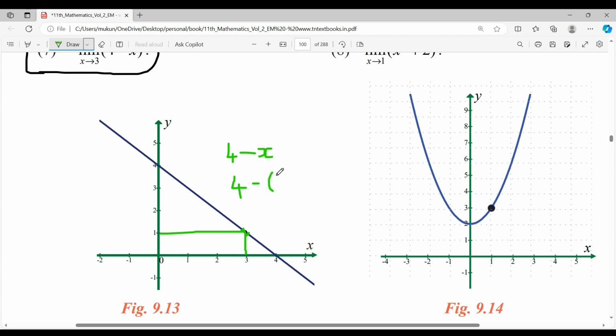So let me just rewrite it in the manner we wrote it yesterday. So 4 minus x is 4 minus (3 plus h), right? And let me do it as 4 minus (3 plus or minus h) here because we'll try and denote both the RHL and the LHL in the same working.